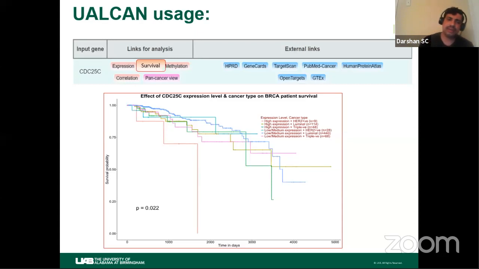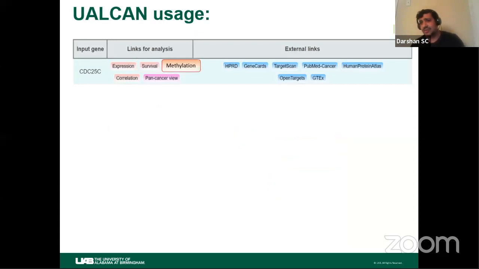So other than the survival, we have the methylation information. TCGA provides methylation information from microarray experiments. They have something called Illumina microarray chips, which measure the level of DNA methylation in the genic and promoter region.